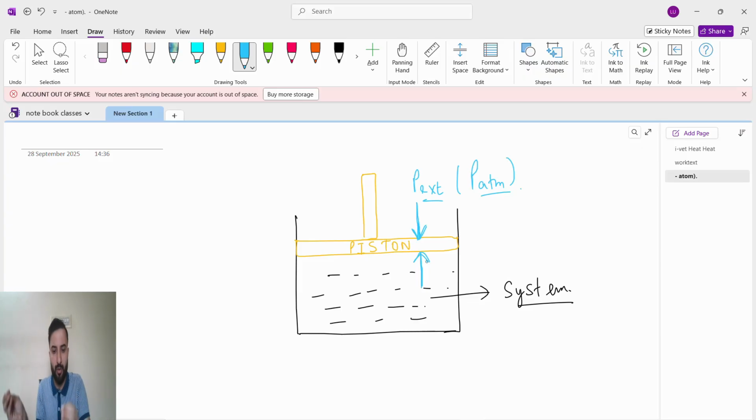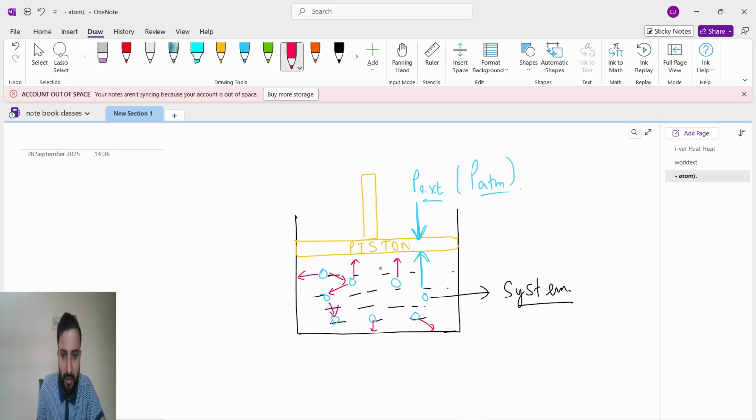If they keep on flowing, they keep on hitting each other, or they keep on hitting the wall of the container, or they keep on hitting the piston.